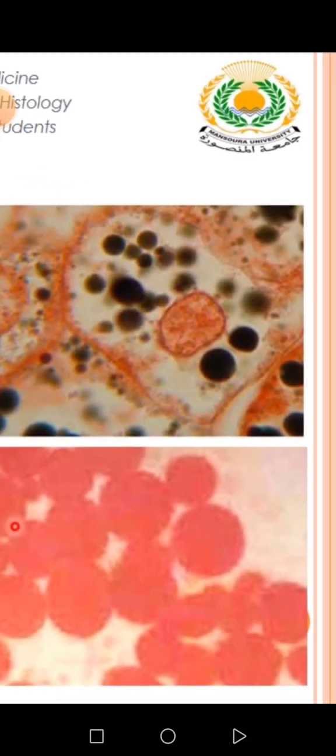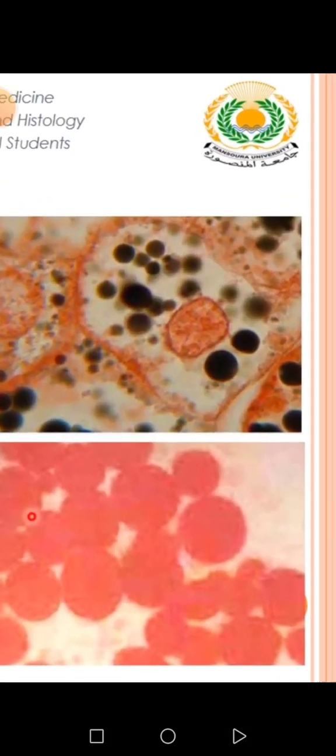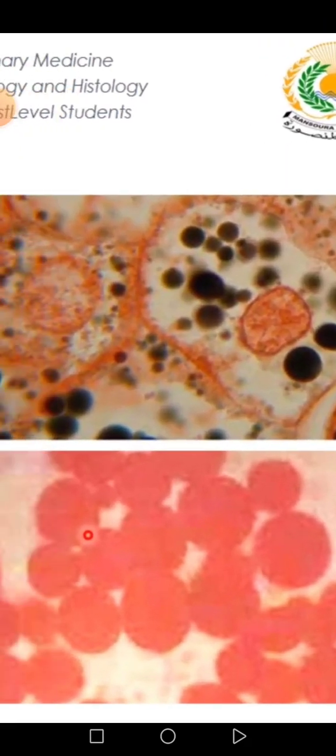This is a special stain for lipids, sudan and osmium. As you see, those dark black are the lipids, and these are the adipocytes, or you can say lipids. Here it is more visible. This is the lipid or adipocyte. This is how they look.